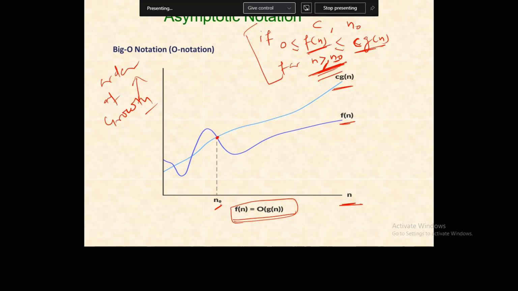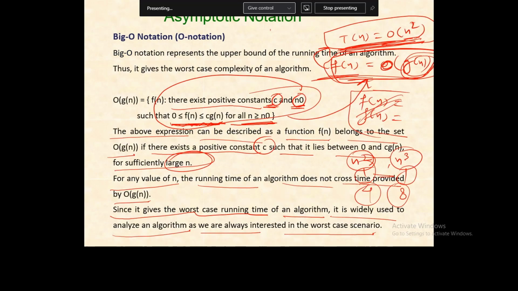So this is the big O notation. Any doubt about this big O notation? If this is clear, the next two notations will automatically be clear to you.